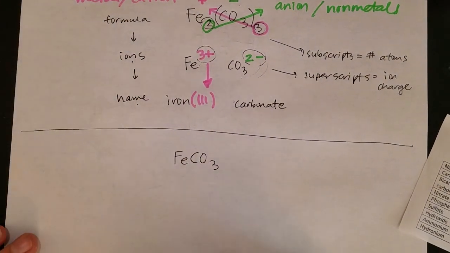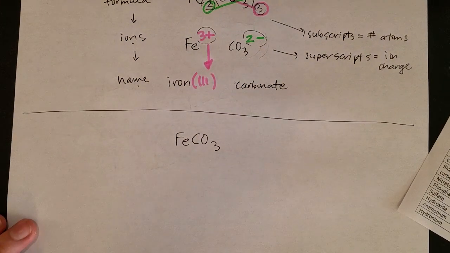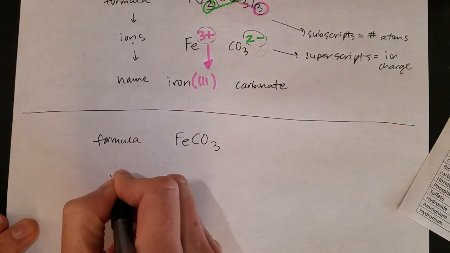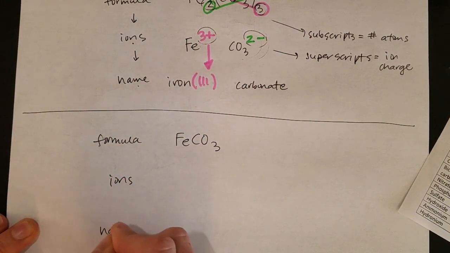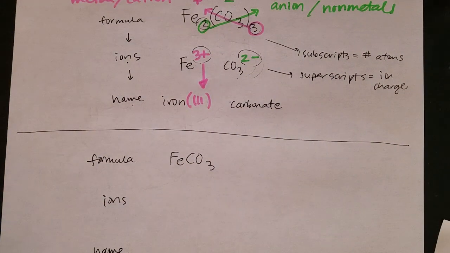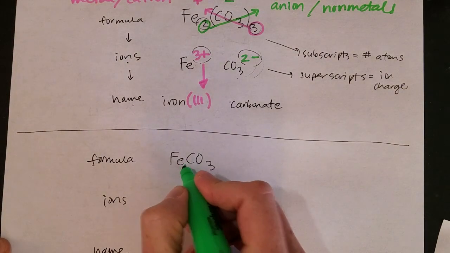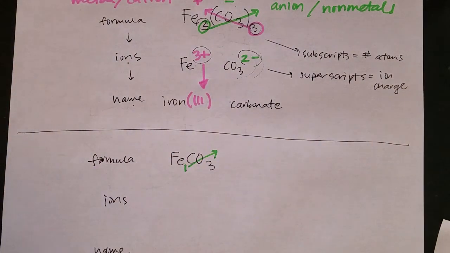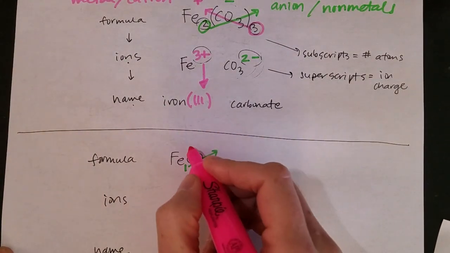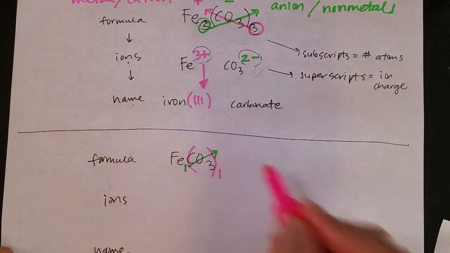Now iron 2 carbonate is going to be just a little bit more challenging, but the same exact approach. I have the formula, I need to figure out the ions, and then I can name it, okay? So we're going to look here. This would be a subscript of 1, right? So that 1 is going to move up, and then over here, I have to think that this carbonate is actually 1 carbonate.